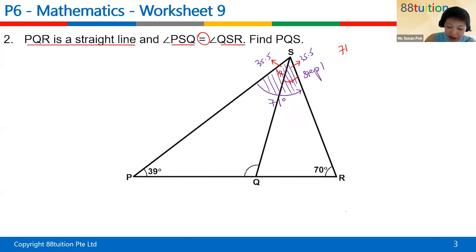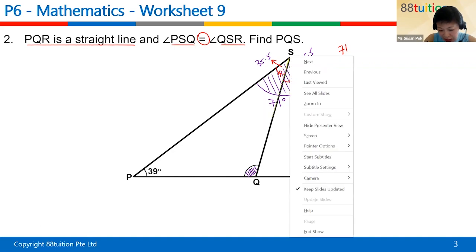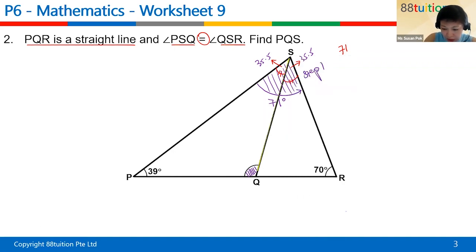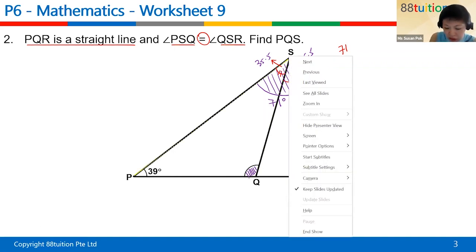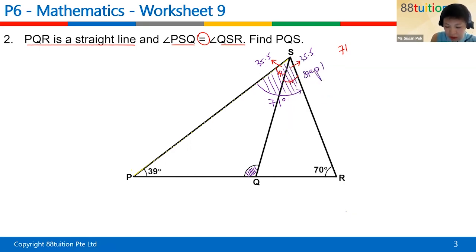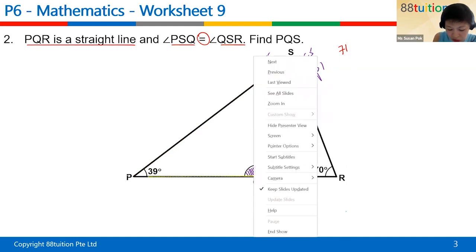Very good. Now I'm asking to look for this angle, which I want to focus on. Can I focus on this triangle? I focus on this yellow triangle.